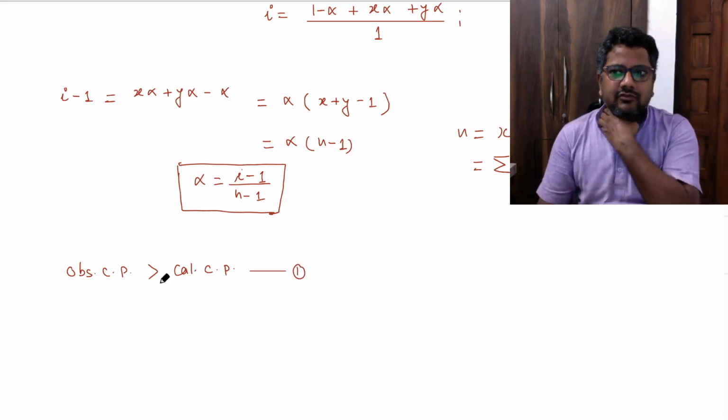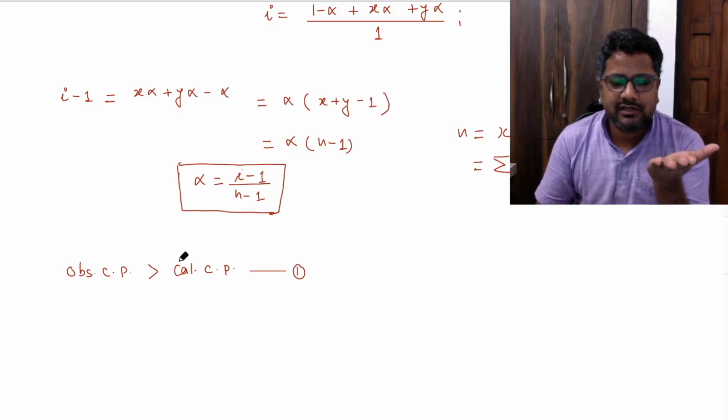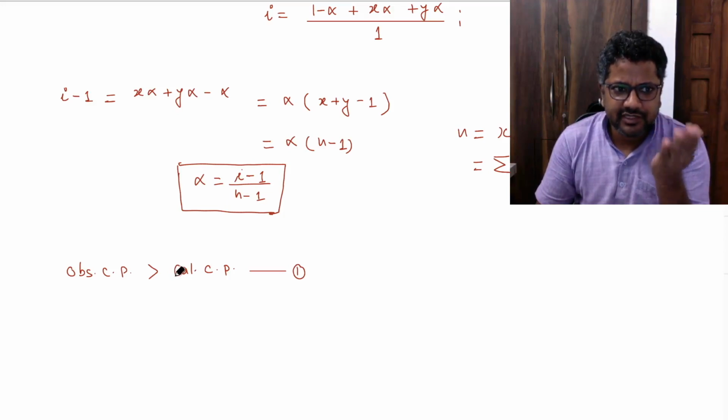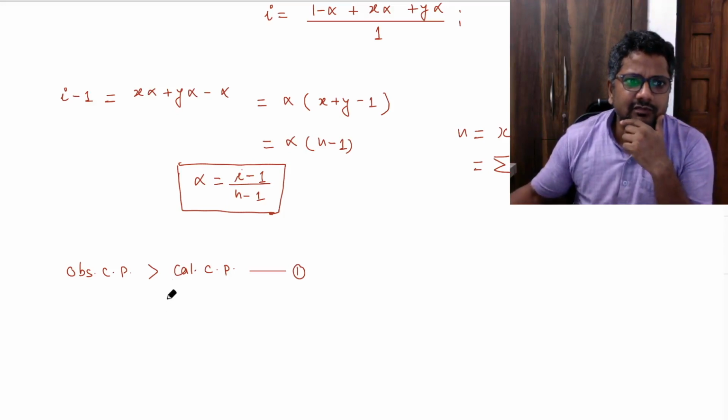And if you want to put some equality here, you have to put i times, because you know the previous relation. And what about their molar masses?